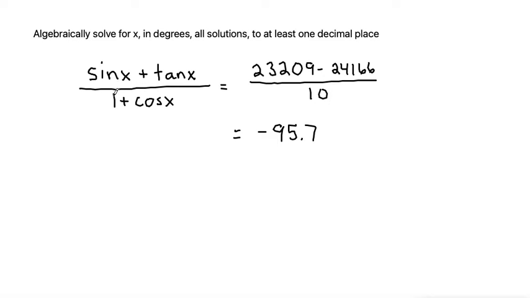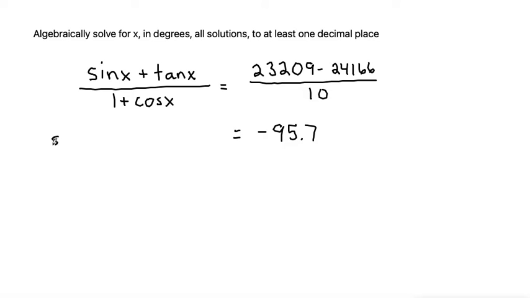We want to simplify, and to do that, I want to get rid of this fraction here. To get rid of the 1 plus cosine, let's first multiply top and bottom by the conjugate of the denominator.